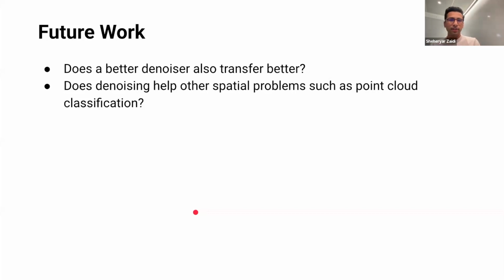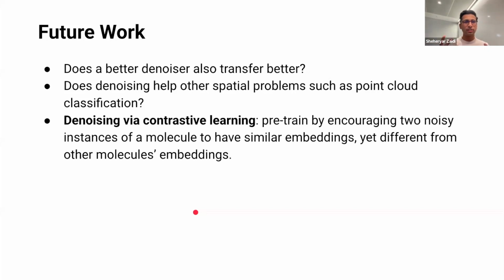Another thing is denoising by contrastive learning. Let's say you have two instances of a molecule, two structures. You give them both independent amounts of noise, and then you ask for their embeddings to be quite similar, but different from the embeddings of other molecules. So basically, contrastive learning where the augmentation, as it's done in images, is replaced with adding noise to the structure.